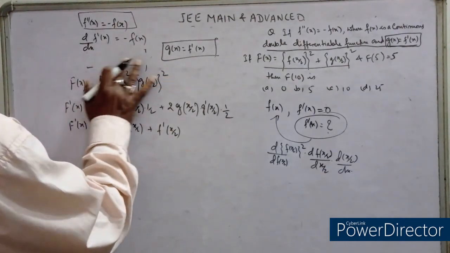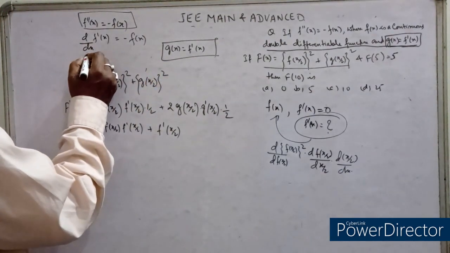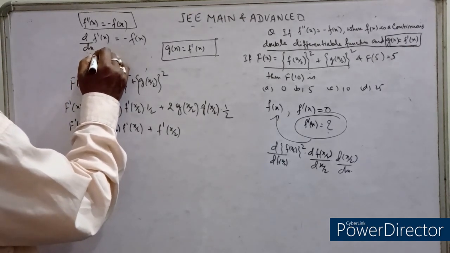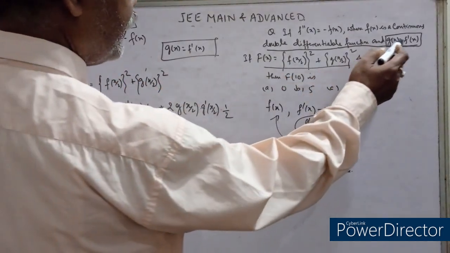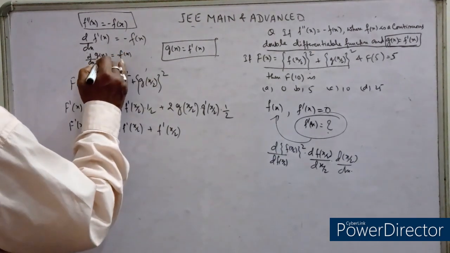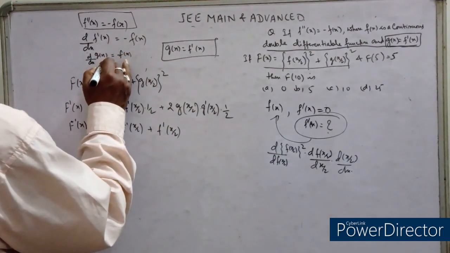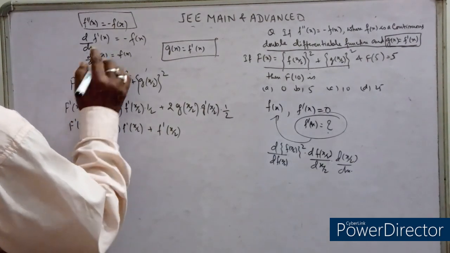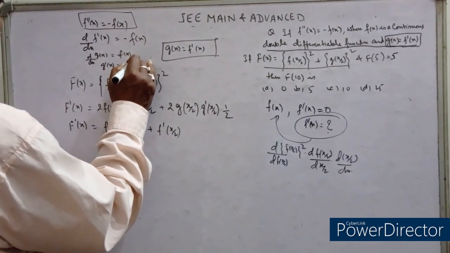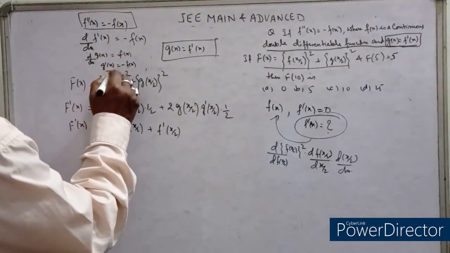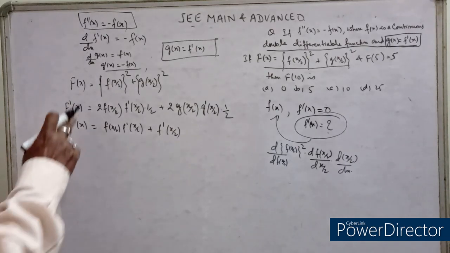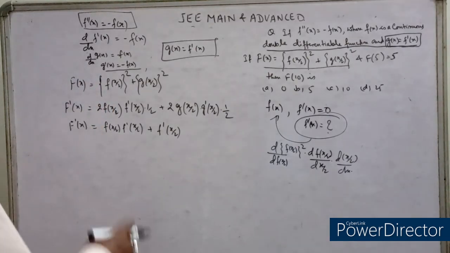This will be d by dx of g x, because here your f dash x, that is g x, is equal to minus f x. So your g dash x will be minus f x.